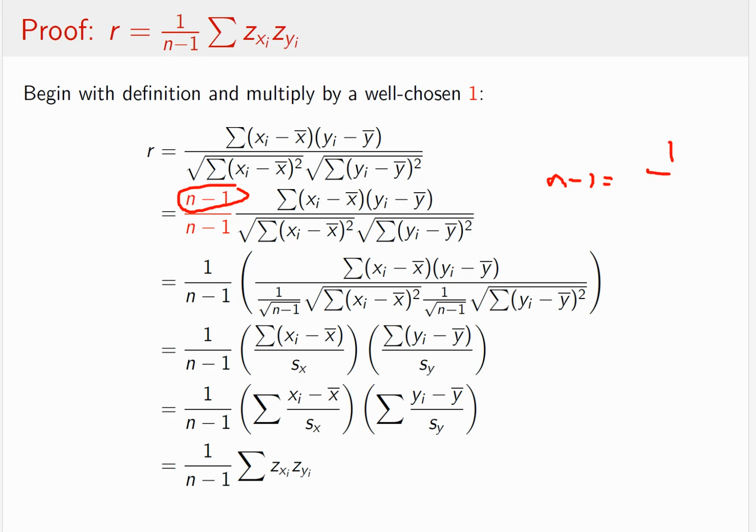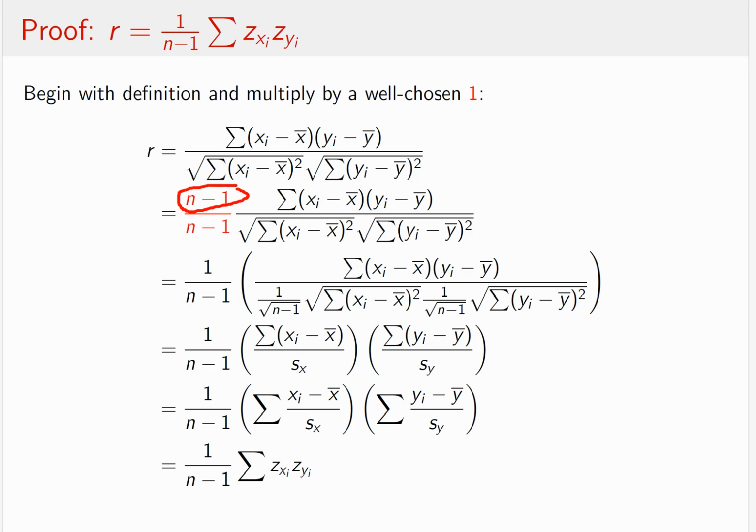If you think about it, you flip the fraction down here and the n minus 1 is in the numerator, but that's the denominator of the big fraction. We're doing a little reciprocal property here.